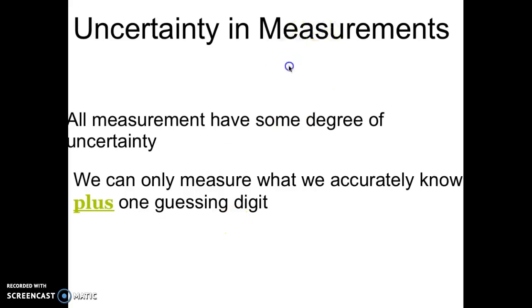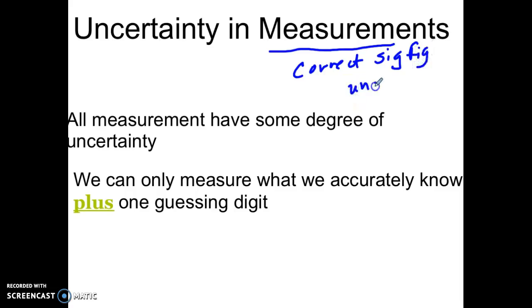And remember, it's important in science that you know that measurements will have two things. They have to have the correct number of sig figs. So you got to write down and report the correct number of sig figs, and they have to have a unit behind it whenever we're doing a measurement.